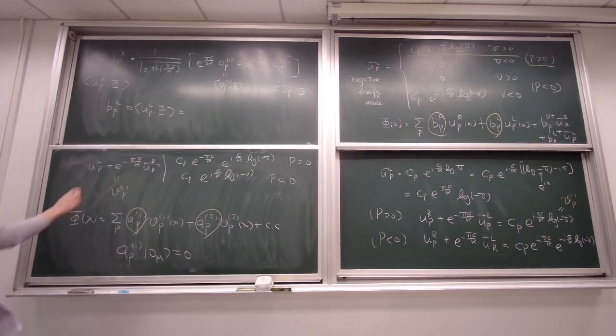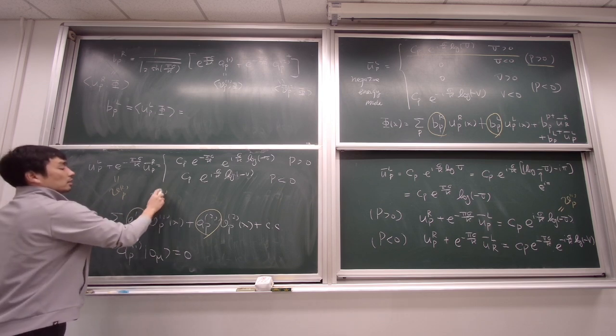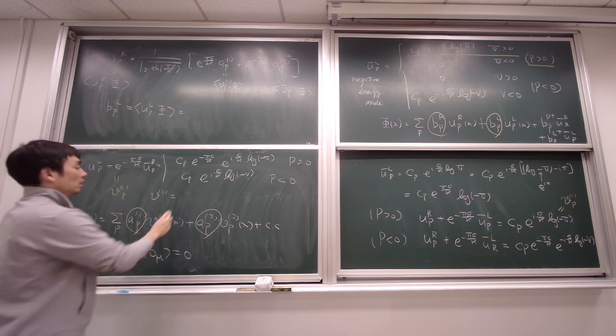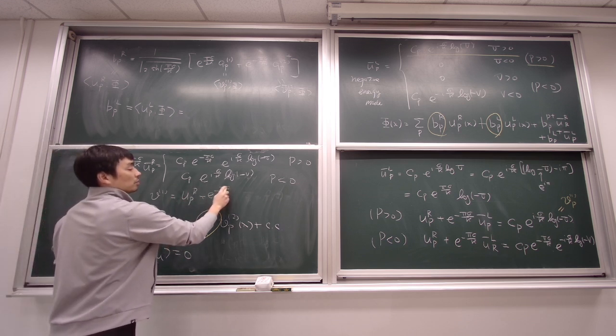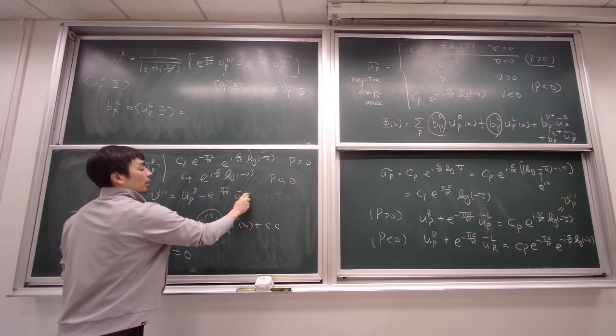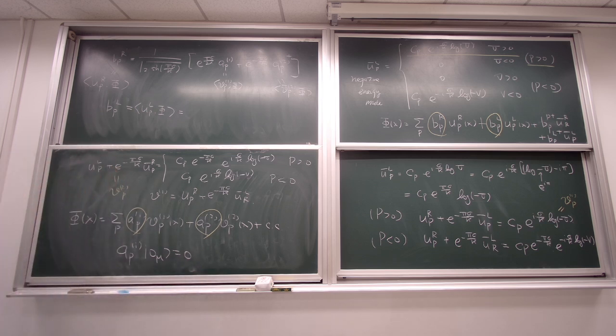So B2 is equal to this one, and B1 is equal to UPR plus e to the minus pi sigma over kappa U bar LR, right? Okay. And so we want to have this one.